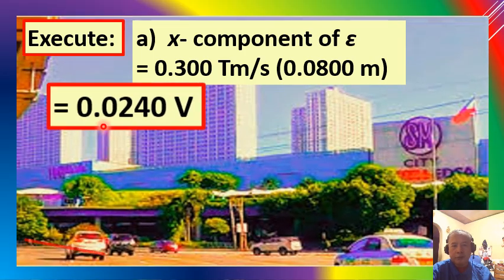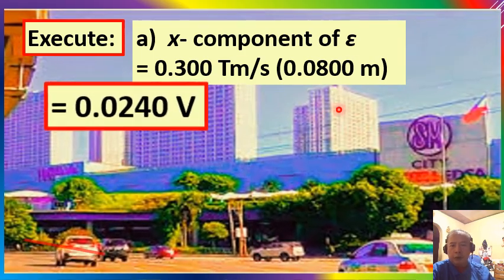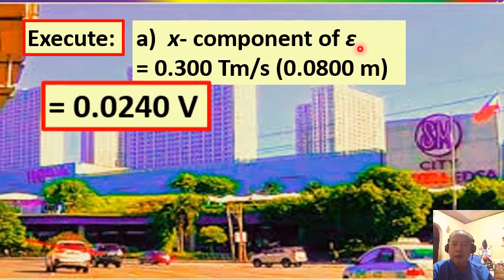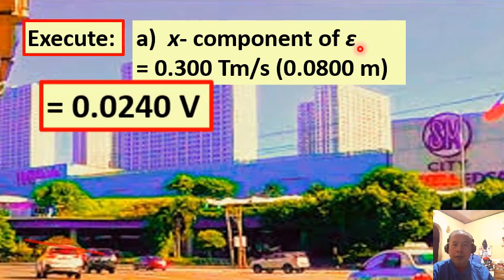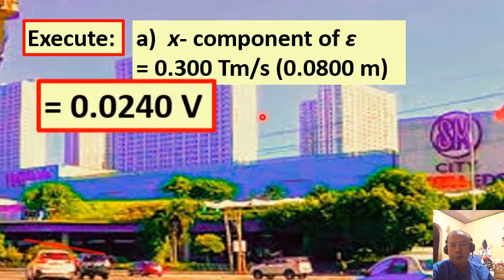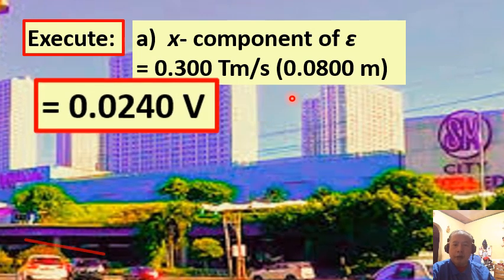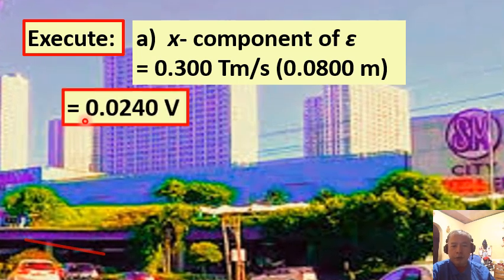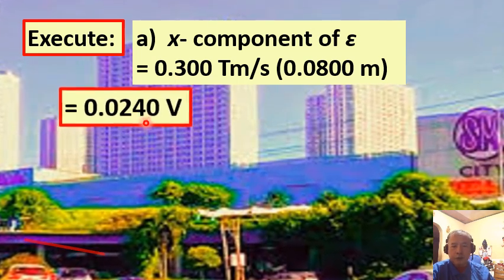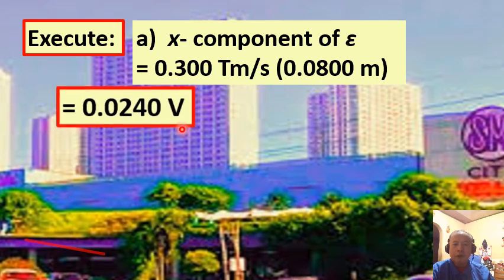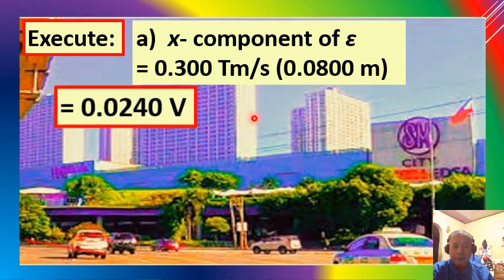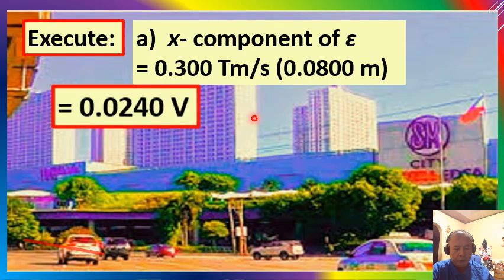That is, the x component of epsilon, or the induced motional EMF on the rod, is equal to 0.0240 volts, also in three significant figures.